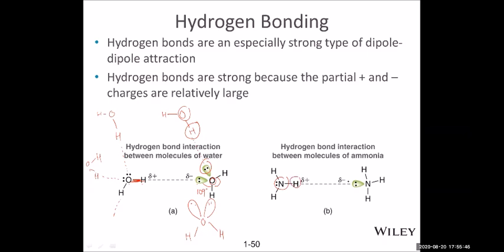Nitrogen, hydrogen, lone pair, nitrogen, that's one hydrogen bond. And each ammonia molecule can also form 4 hydrogen bonds. The lone pair on the nitrogen forms a hydrogen bond with the hydrogen of the other ammonia molecule, and so forth.